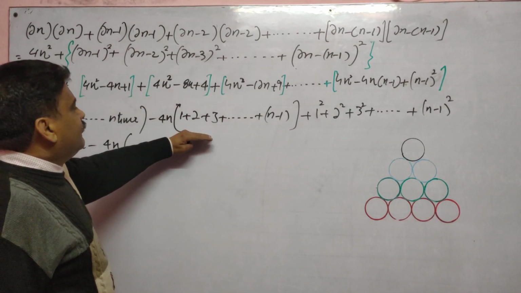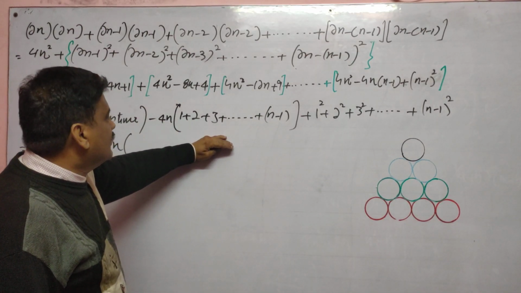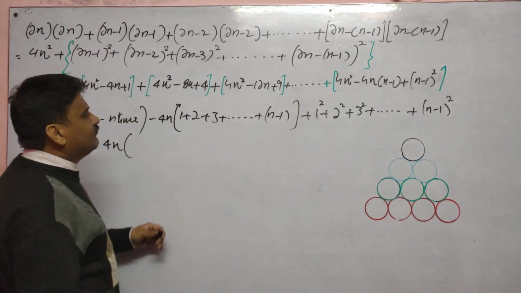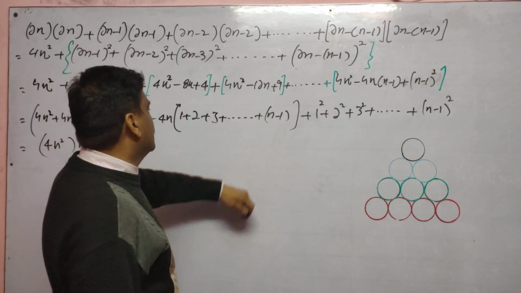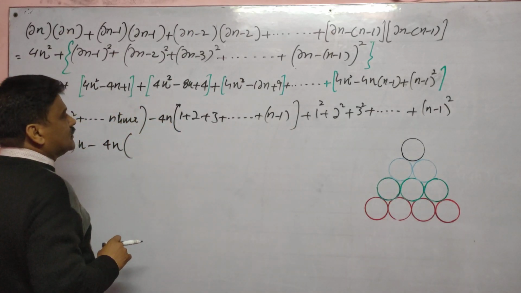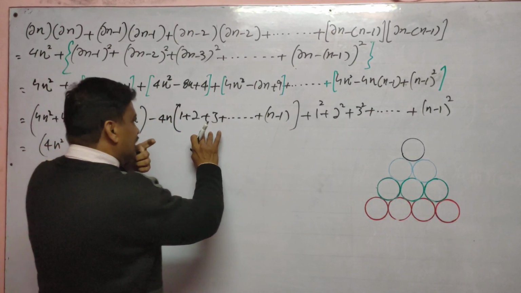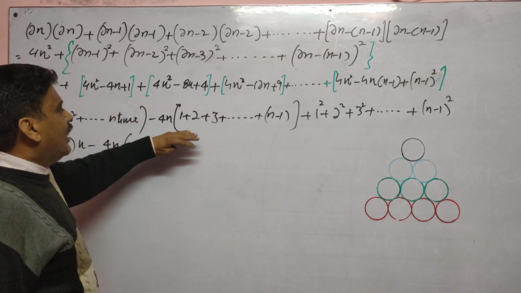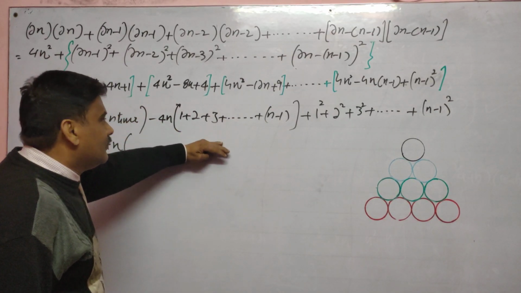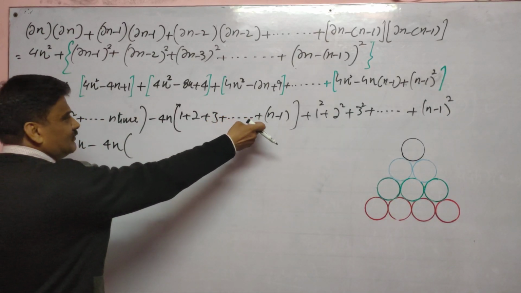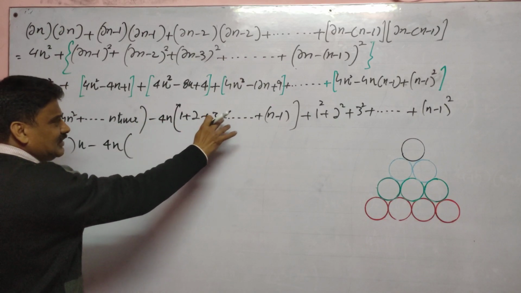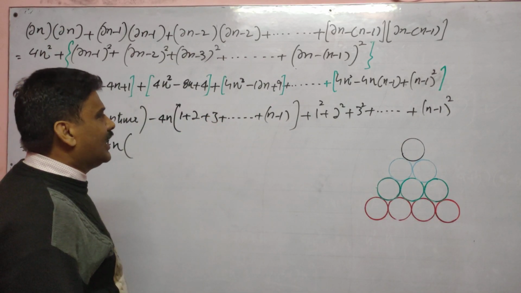This is the sum of natural numbers. This is the sum of the first n minus 1 natural numbers. This sum will go up to n minus 1 times. We take the sum of these natural numbers as n times n plus 1 by 2.